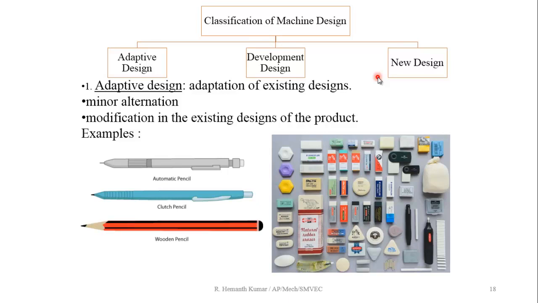In this case, let's discuss the classification of machine design. There are almost three types of classification: adaptive design, development design, and new design. From the name itself, you can understand what adaptive, development, and new design are. Adaptive is nothing but an already existing design adapted for modification, for creating a new product by making some minor alterations.